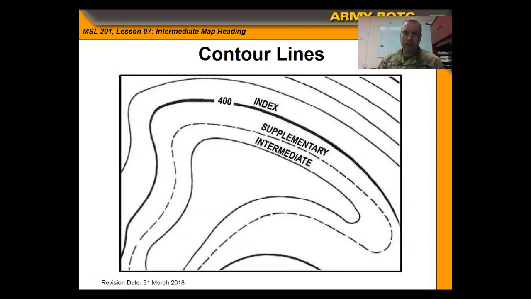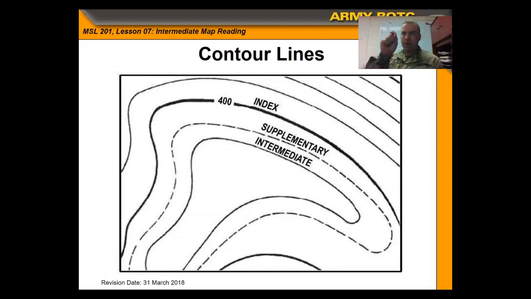So contour lines are the most common method of showing relief and elevation on a standard topographic map. A contour line represents an imaginary line. It's obviously not really drawn on the ground, but it's an imaginary line on the ground that's either above or below sea level. And all points on the contour line are at the same elevation.